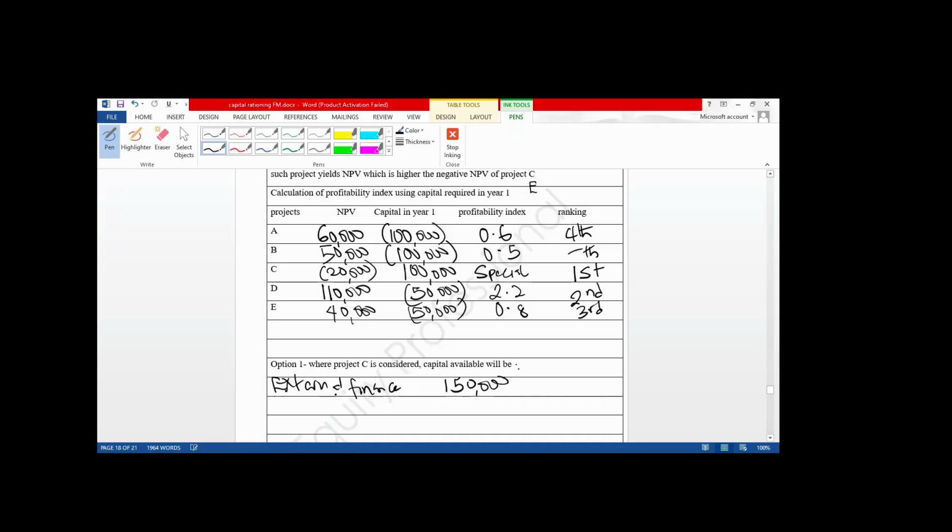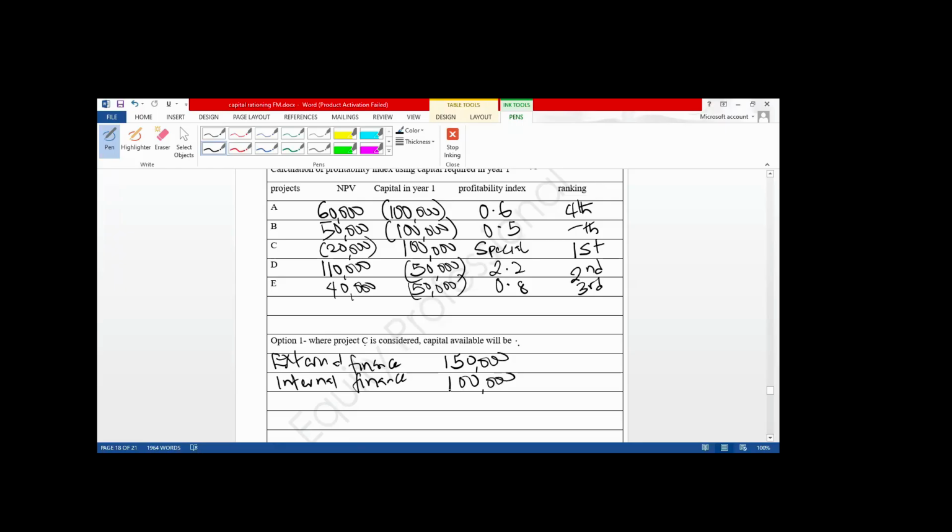Internal finance, if you consider project C, project C will give us 100,000. That means total finance available is 250,000.